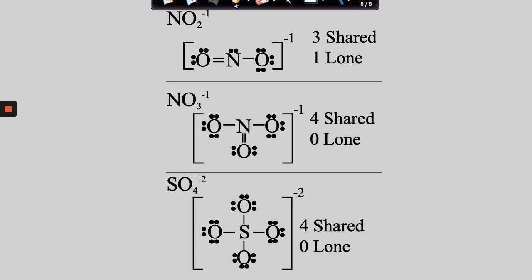So guys, looking at these Lewis dot structures. First of all, if we look at this Lewis dot structure for NO2, and if we look at what we've drawn, which is absolutely fine, this is correct, you'll notice that it appears as if this angle around the nitrogen is 180 degrees.